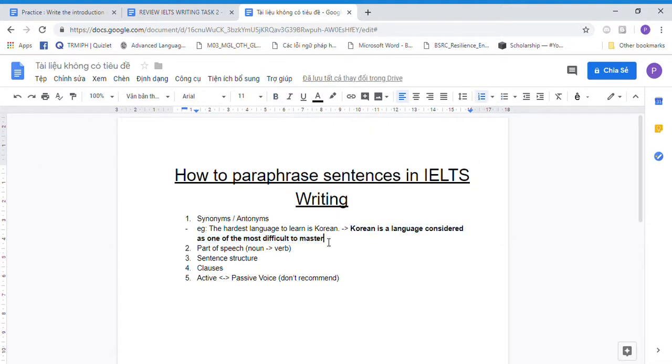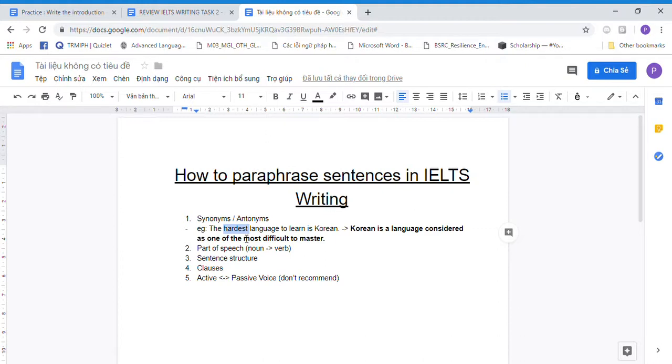So this sentence is way better compared to this sentence. They just paraphrase, they just use the synonym of the word hardest.